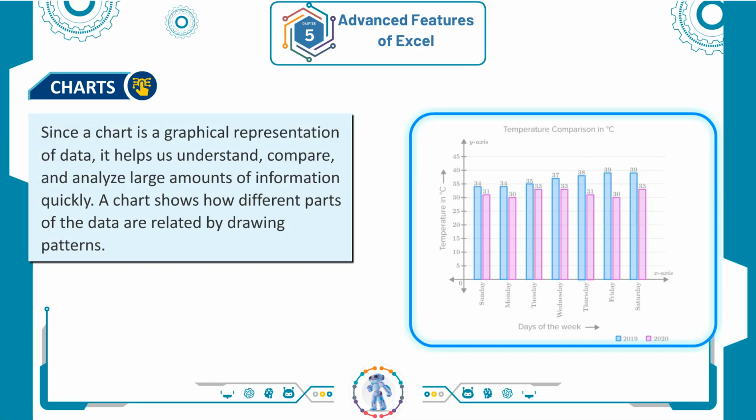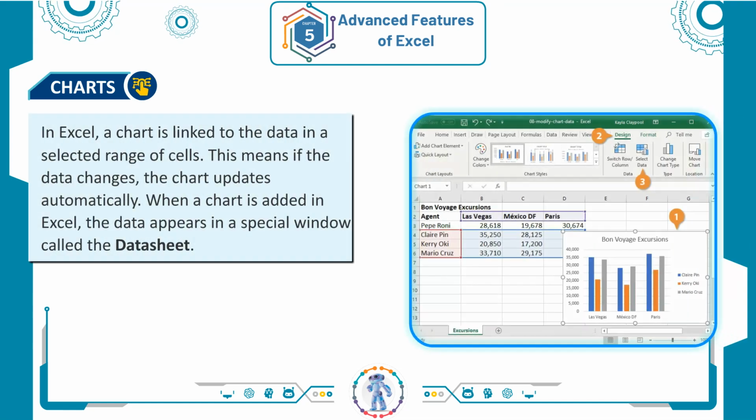Since a chart is a graphical representation of data, it helps us understand, compare, and analyze large amounts of information quickly. A chart shows how different parts of the data are related by drawing patterns. In Excel, a chart is linked to the data in a selected range of cells.